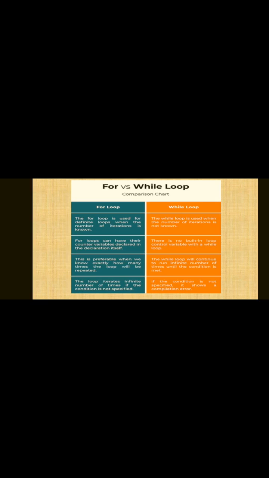So in the while loop statement we give only the condition part, and till the condition is satisfied, it will continue to run. Last point, the loop iterates infinite number of times if the condition is not specified. That we will see in the next slide.